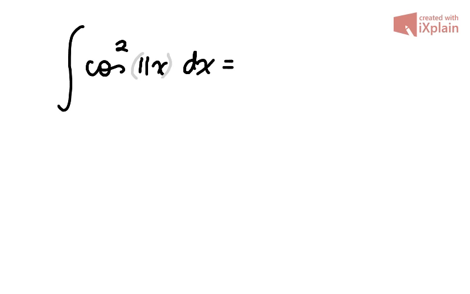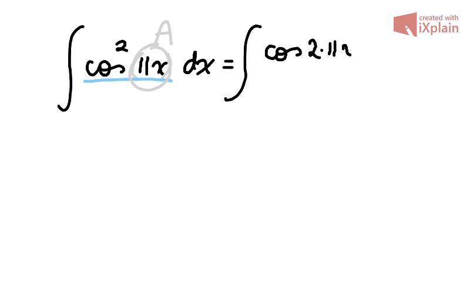First thing we do is rewrite this expression. Instead of cos squared, we rearranged the expression and said it would be cos of double angle 2a. Well, I have to use what I have here. In this case, a is 11x. So 2 times 11x, or 22x, we could put straight away.